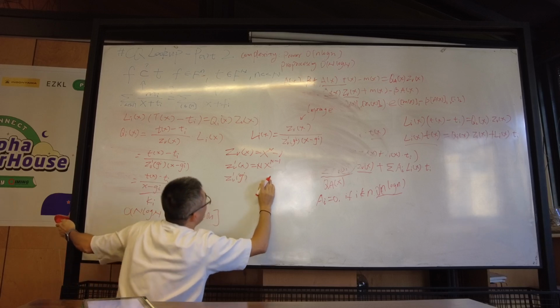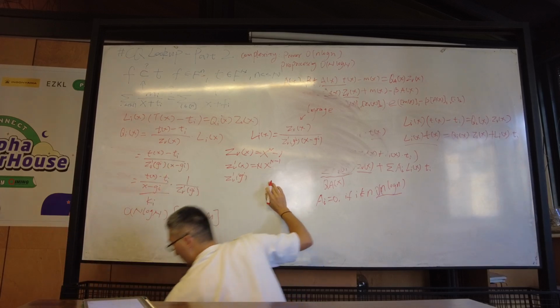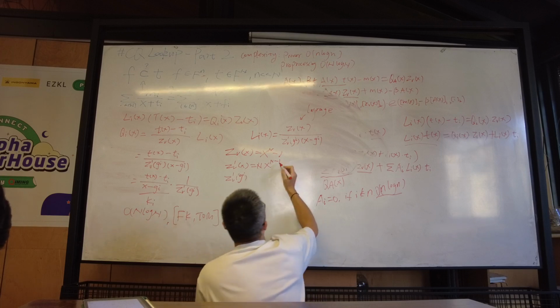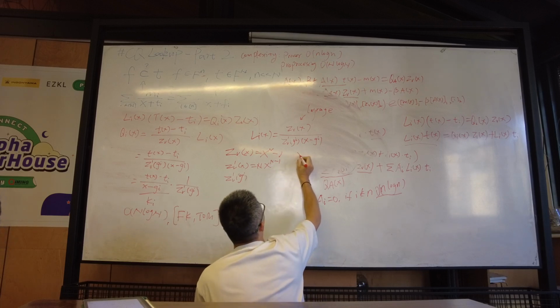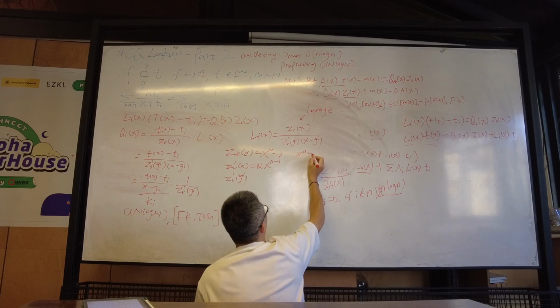No, this one is not finished. Because we know x^n equals 1, right?